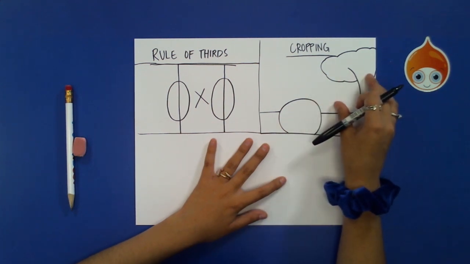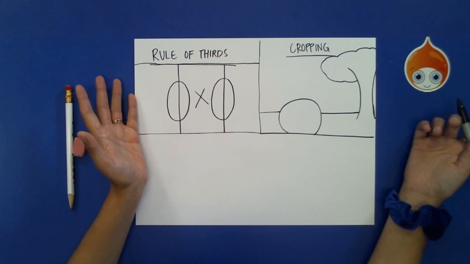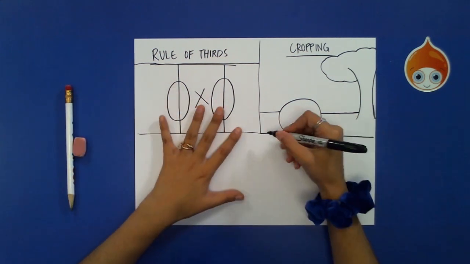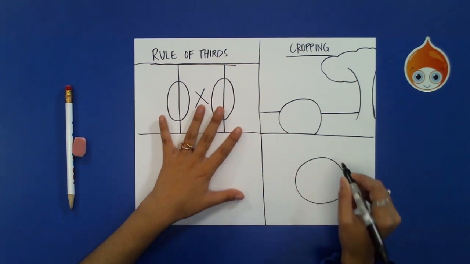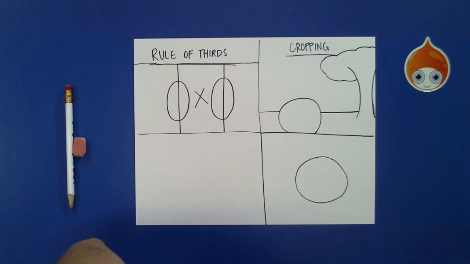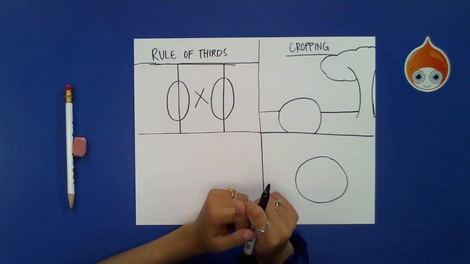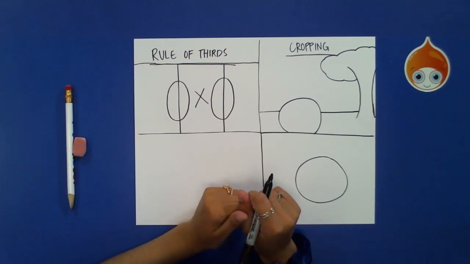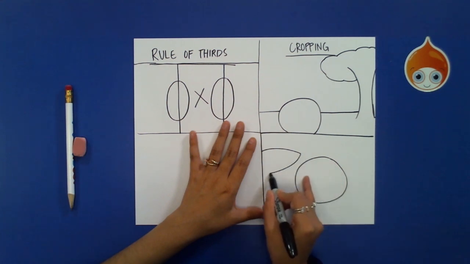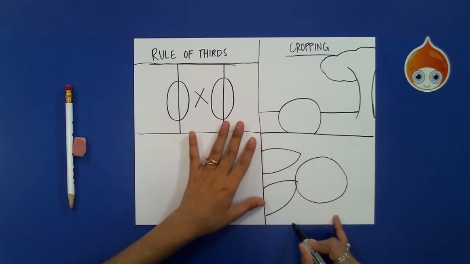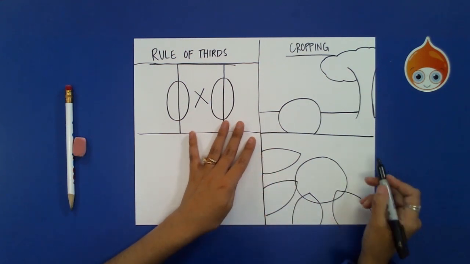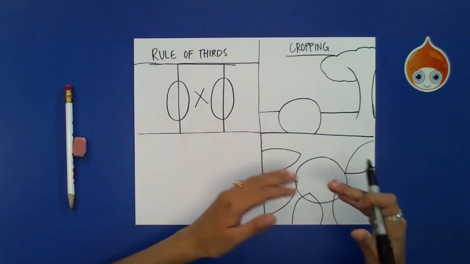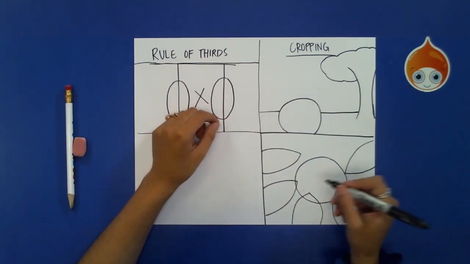Now, this doesn't necessarily have to be because objects are so big. It can also be intentional. So, as part of cropping, let's say that we had a subject right in the middle. Okay, that is our subject there. Now, if we want our subject to look like it's maybe hidden behind some trees or some shrubbery, some bushes, maybe leaves, you can also draw some of those objects nice and big right around the frame, which would also be cropped off of the frame to show that this object is behind something else.